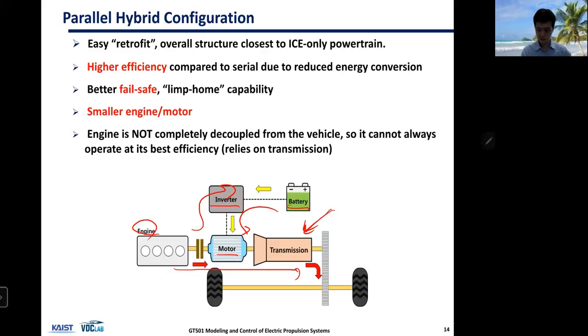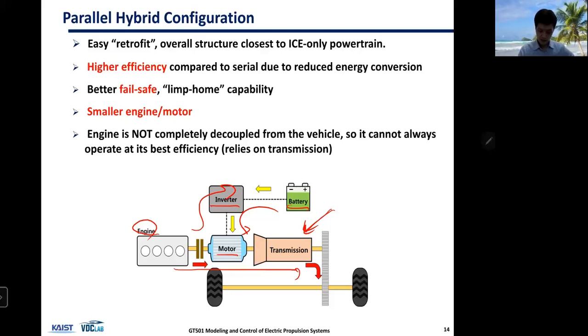within the transmission. So in series hybrid, you did not have mechanical connection to the wheel, so your engine can operate at any operating point. So you can operate the engine at best efficiency, regardless of vehicle speed and torque. But in parallel hybrid, you are still connected mechanically.